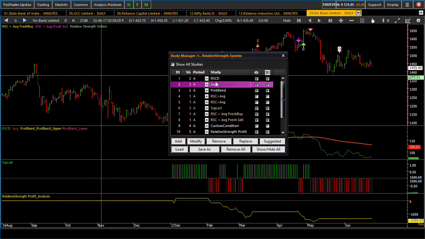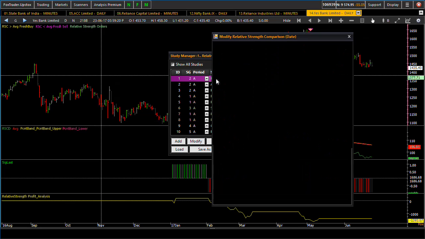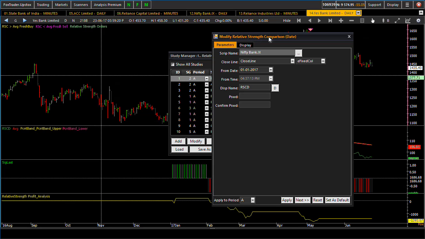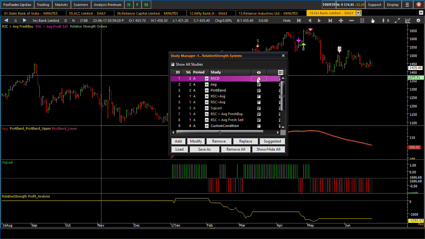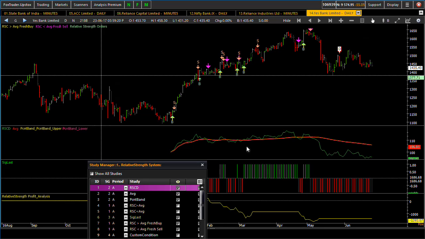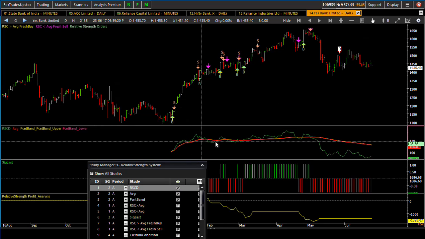If I show you the Study Manager, the indicator that I have used for comparison is relative strength comparison by date. I have compared it with Nifty Bank Spot from 1/1/2017.